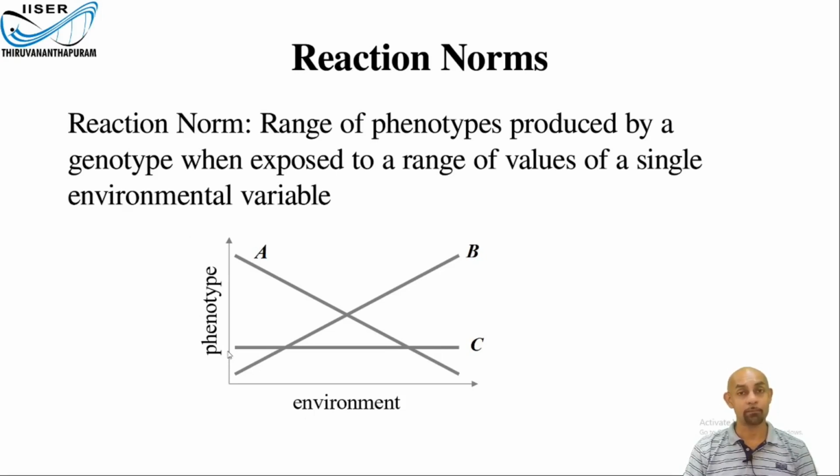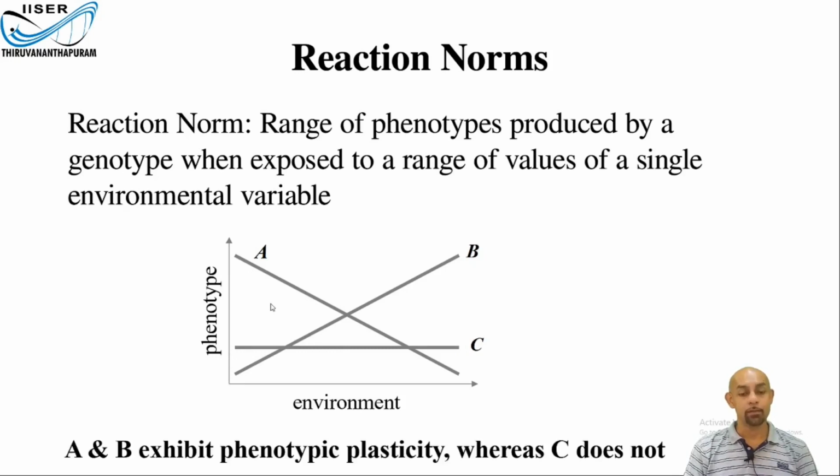Therefore, the phenotype coded in terms of number is constant. In other words, in this particular representation, A and B are phenotypically plastic. So phenotypes A and B exhibit phenotypic plasticity. Phenotype C does not exhibit phenotypic plasticity.